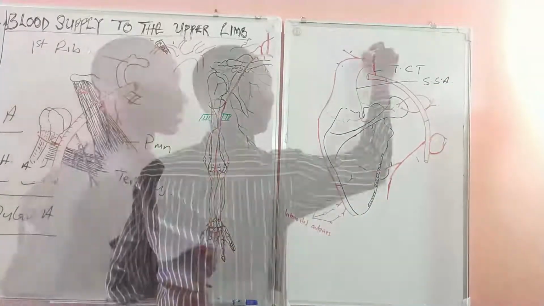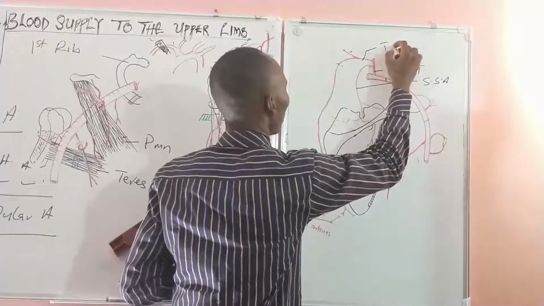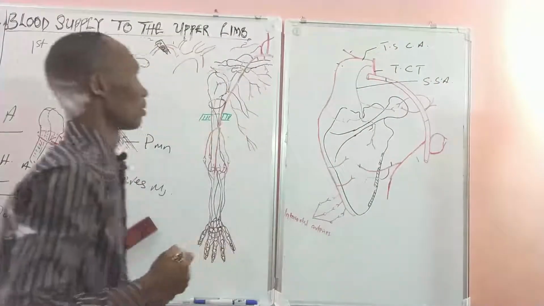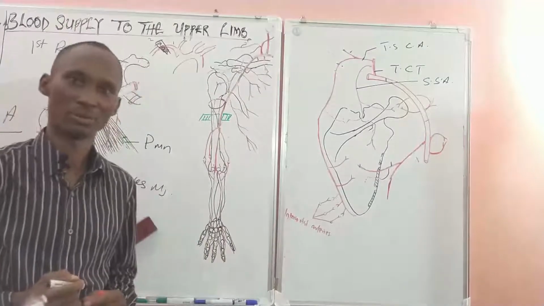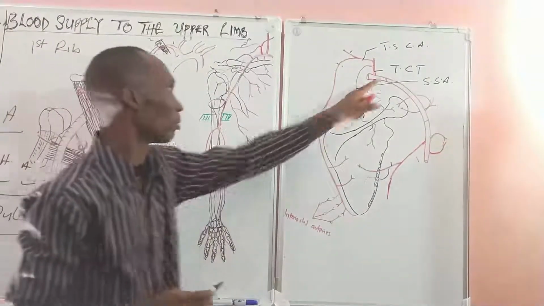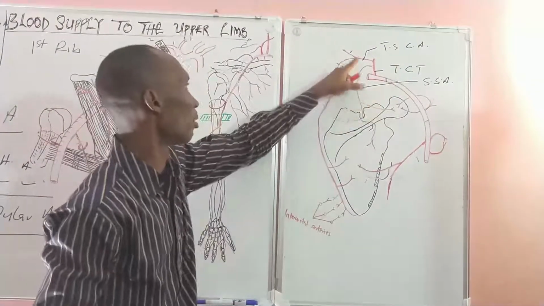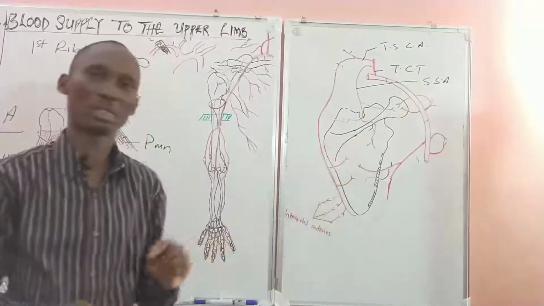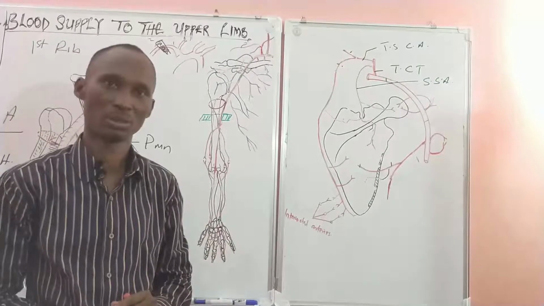And the second branch is the transverse cervical artery. So these two branches of the thyrocervical trunk will be involved in formation of the scapular anastomosis.